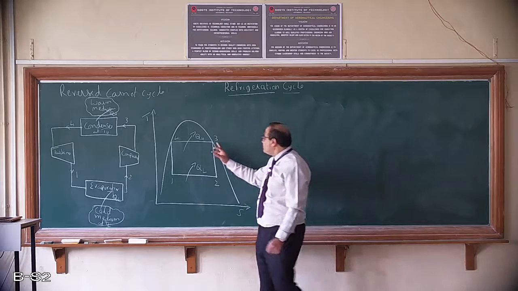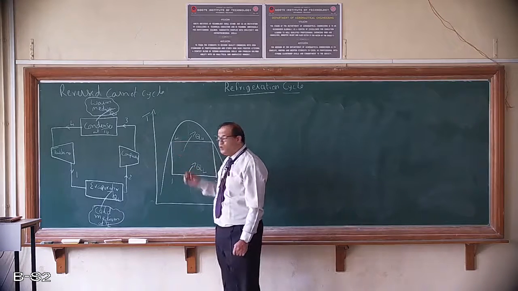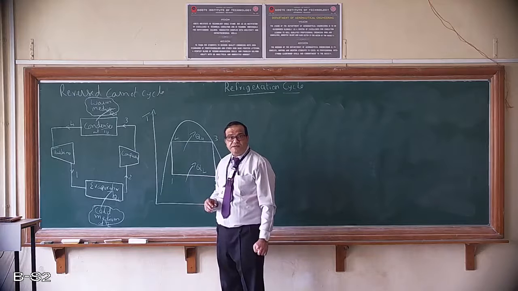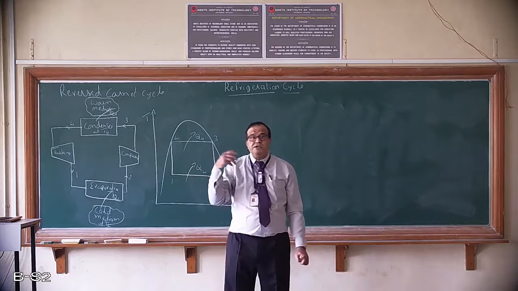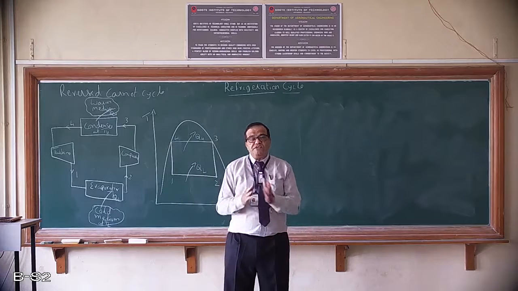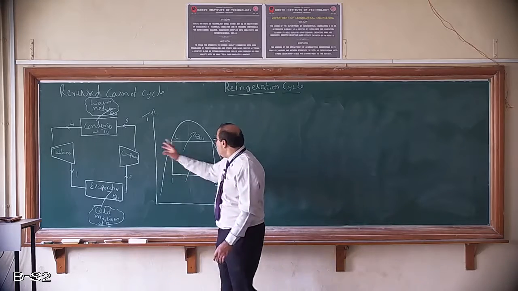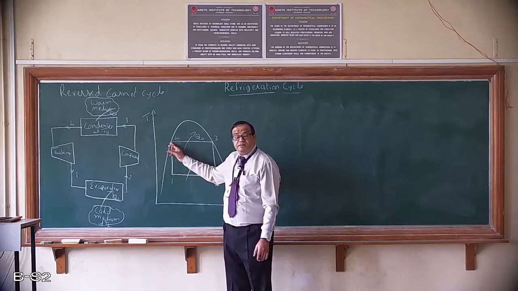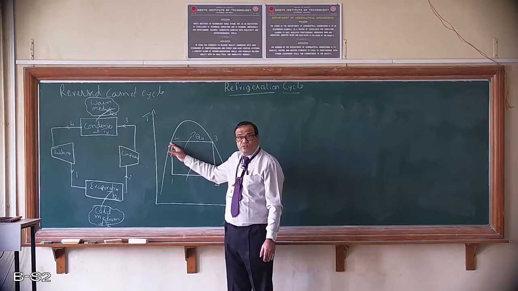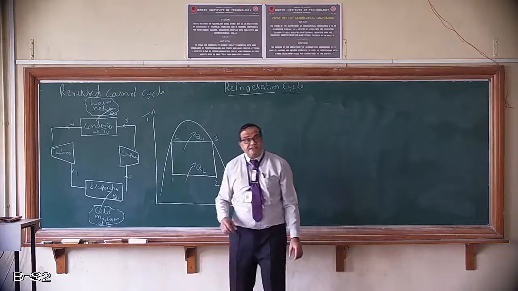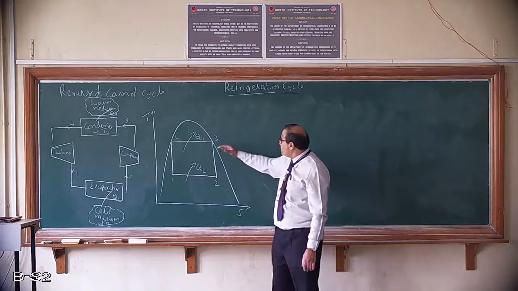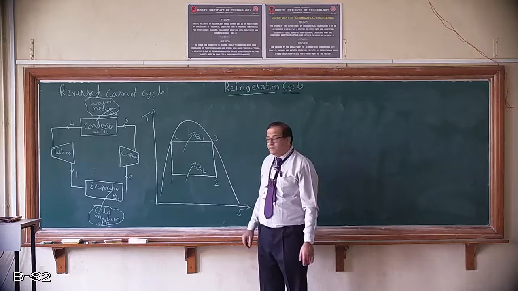This process is once again possible, an isothermal process. The refrigerant will be in vapor state in the condenser, and we bring it to liquid state. So you are condensing the refrigerant, and that's exactly what happens in the condenser. And we can maintain the same temperature, it's quite possible.